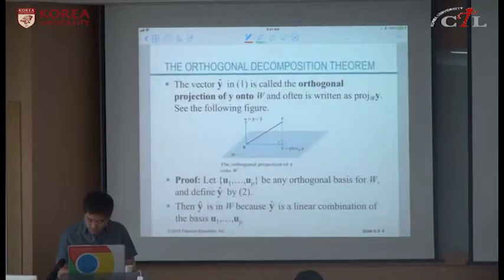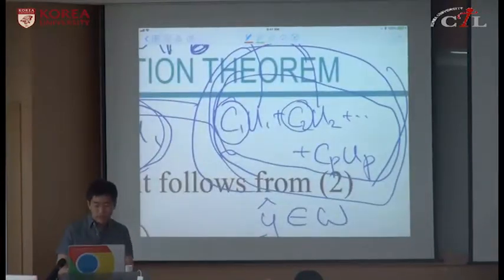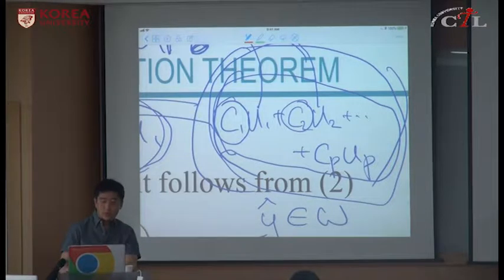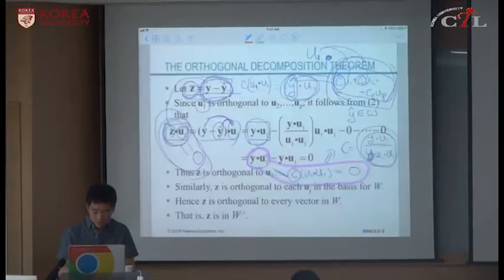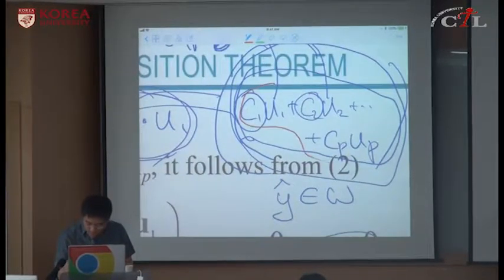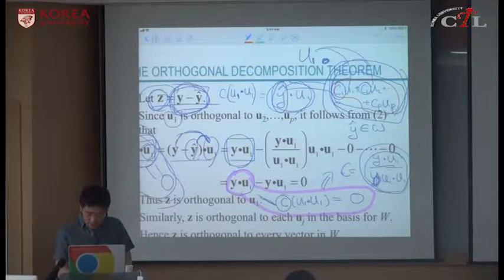We first form a general linear combination of u1 through up for our y hat. So this entire equation or representation corresponds to y hat, right? And then this should be perpendicular to subspace W, which means it should be perpendicular to u1 and u2 and so on.